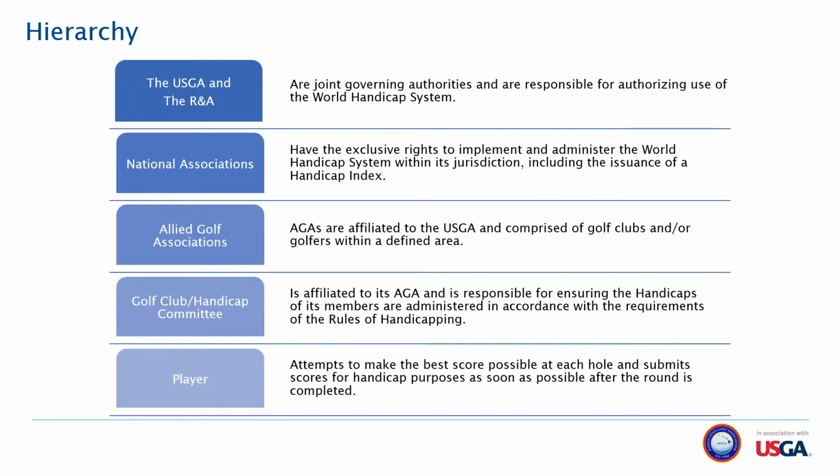And the last is the player, whose duty is to submit scores to provide reasonable evidence of their demonstrated ability by playing by the rules of golf and attesting or reviewing the scores and handicap index of fellow players.